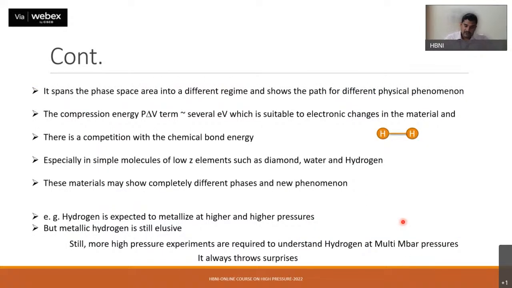So in a nutshell, what I say is that it spans the phase space area into a different regime and shows the path for different physical phenomena.